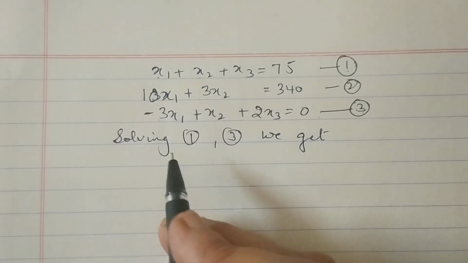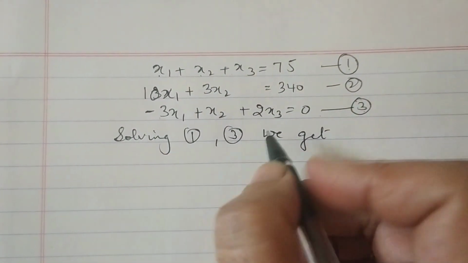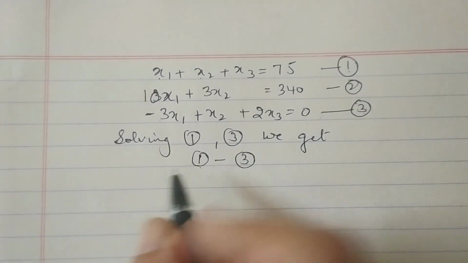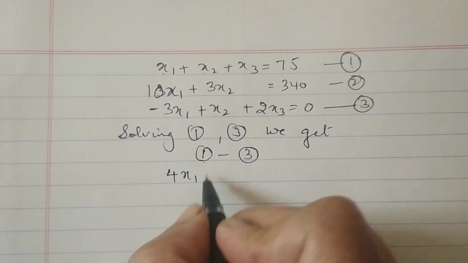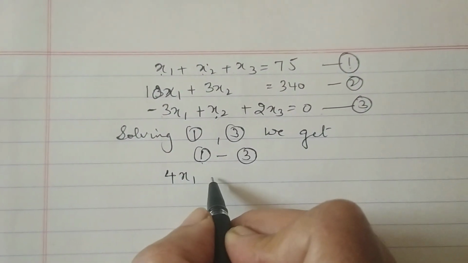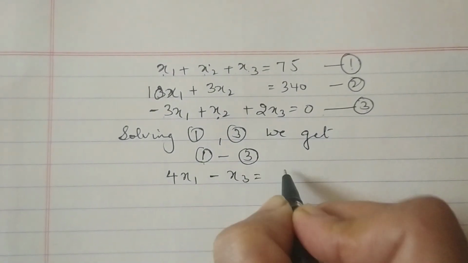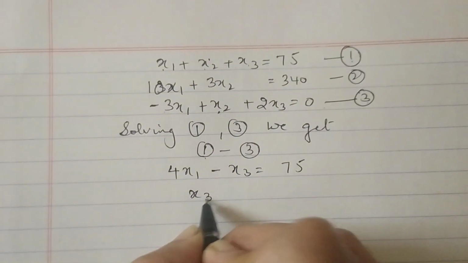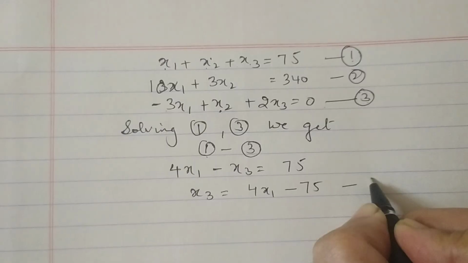So if we solve these 1 and 3, I can subtract 3 from 1. So this will be 4x1, x2 minus x2 cancel out, x3 minus 2x3 means minus x3, equal to 75. Or you can say that x3 is 4x1 minus 75.